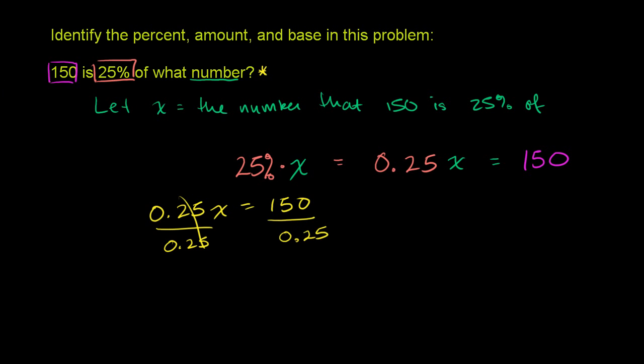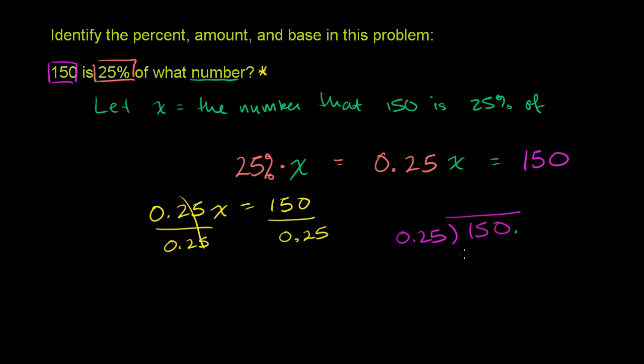So let's figure out what 150 divided by 0.25 is. We've done this before. When you divide by a decimal, you can turn the number you're dividing by into a whole number by shifting the decimal 2 to the right. But if you do that for the number in the denominator, you also have to do that to the numerator.